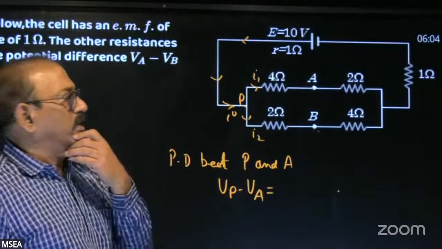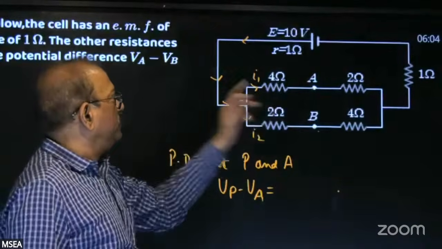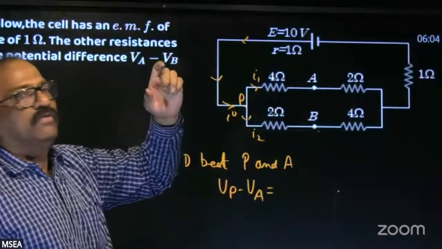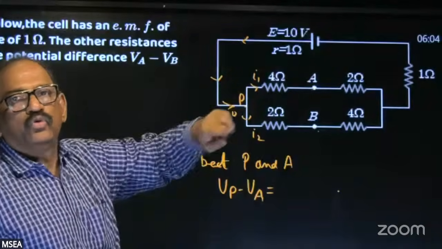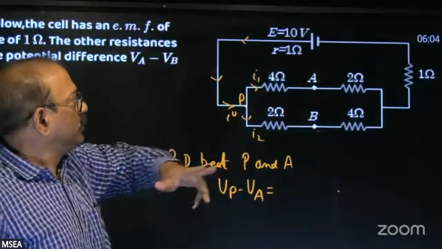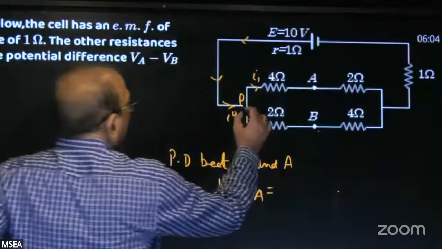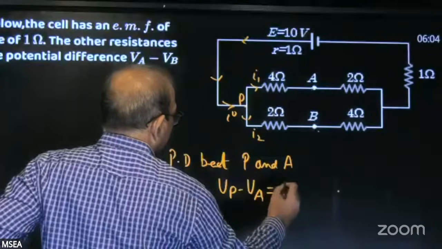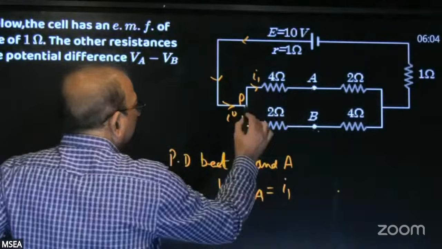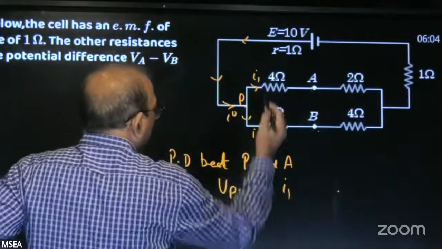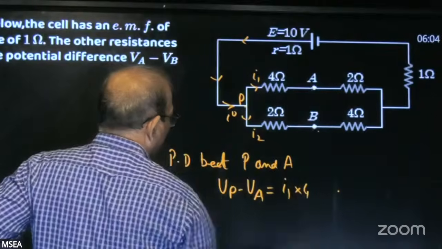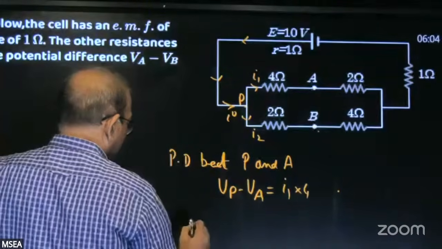What is the potential difference between 2 points? The product of the current flowing between those 2 points and the resistance between those 2 points. Current flowing is I1 and resistance between P and A is 4, so I1 into 4. Find this.